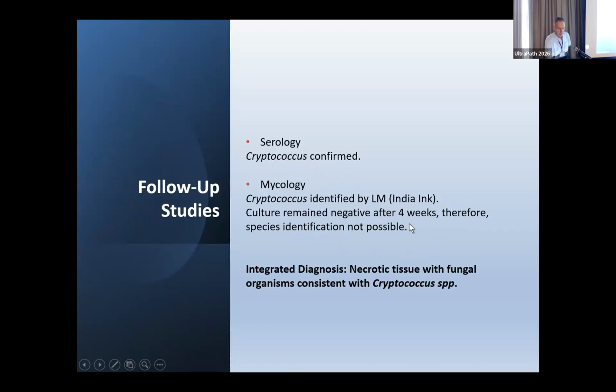Culture remained negative after 4 weeks, therefore species identification was not possible. So putting all that together, the pathologist issued an integrated diagnosis with necrotic tissue with fungal organisms consistent with Cryptococcus species.